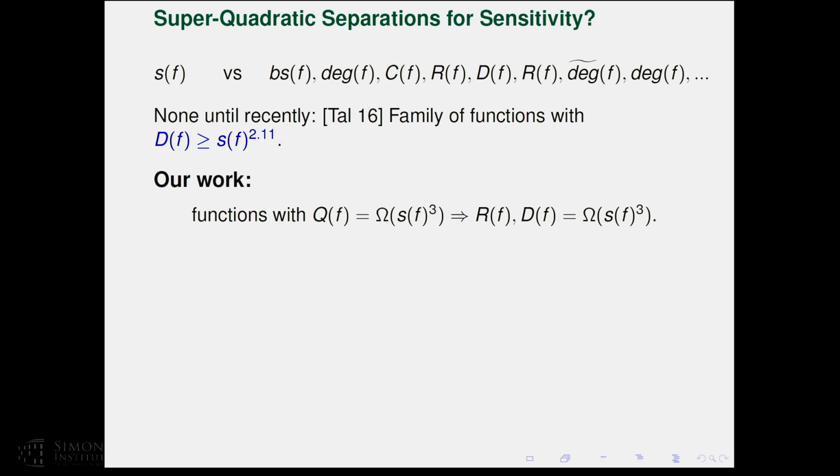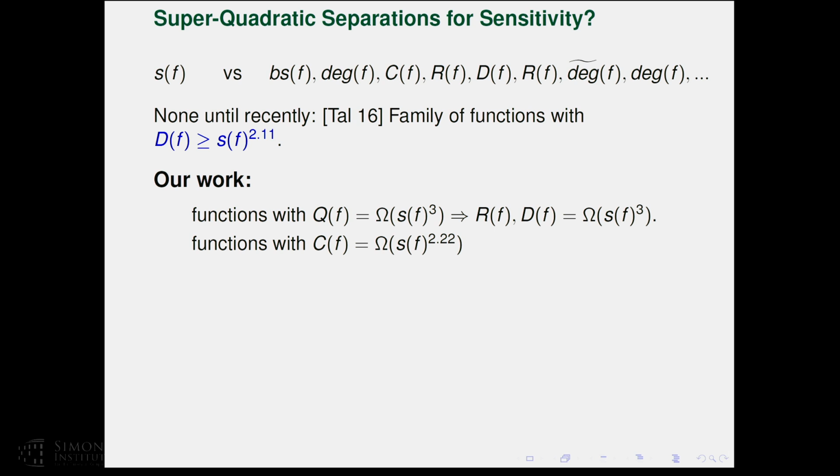And this automatically gives you, because quantum is much more powerful than both deterministic and randomized, a cubic separation for decision tree and randomized as well, which improves the bound of Avishay et al. For the certificate complexity, we give a separation of 2.22.